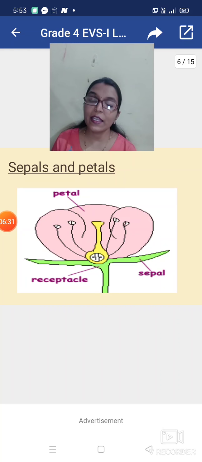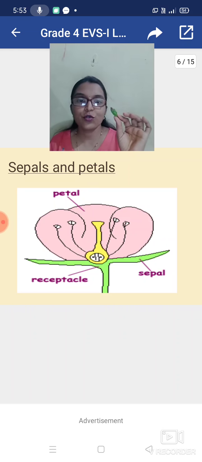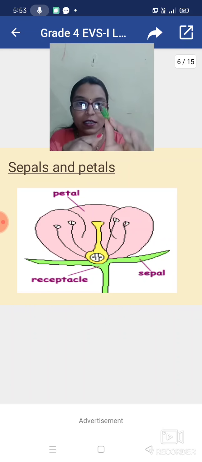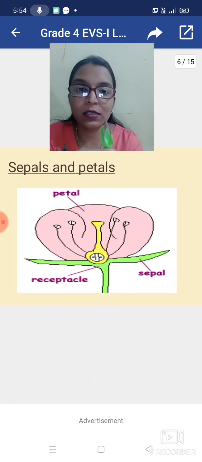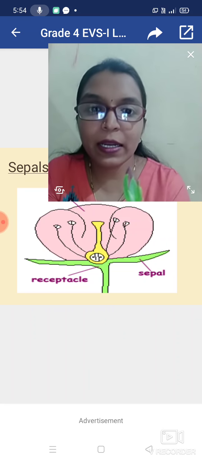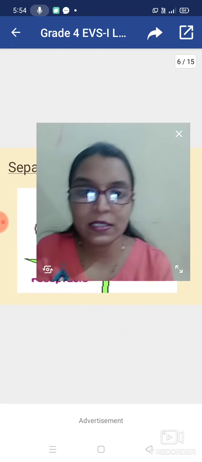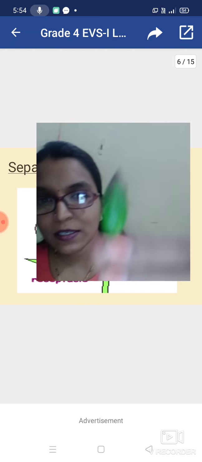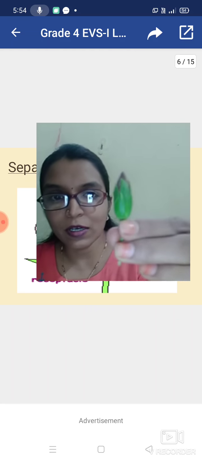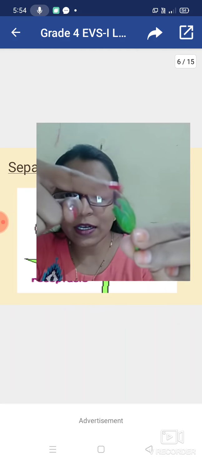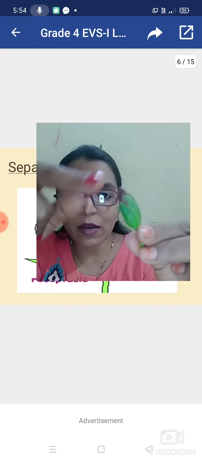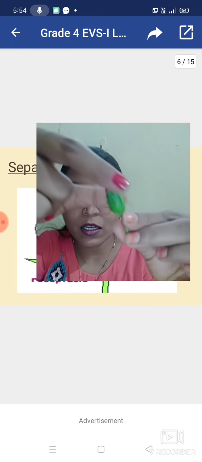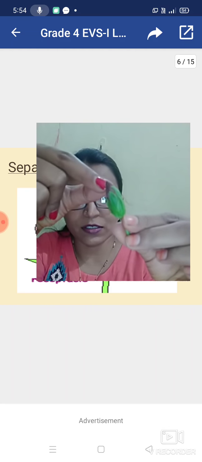Have you seen a bud of a flower? I will show you. See, this is the bud of a flower. So here in the middle you can see the bud of a flower. It is covered with a green structure.